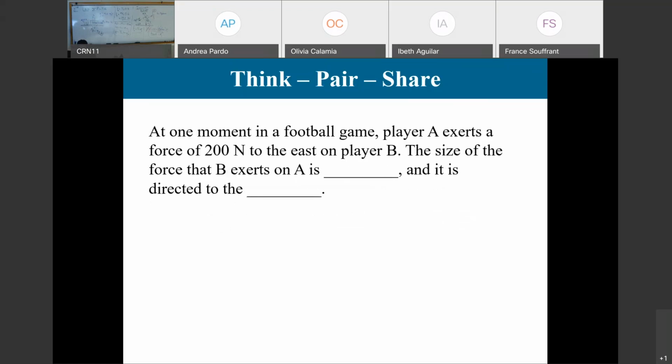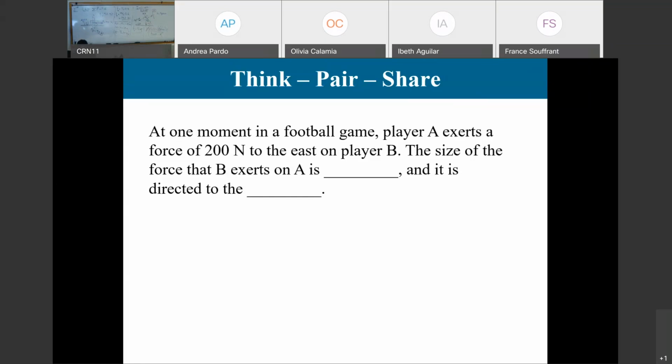At one moment in a football game, player A exerts a force of 200 newtons to the east on player B. The size of the force that B exerts on A is what? And the direction is to the west.